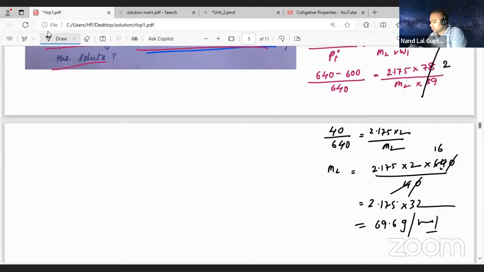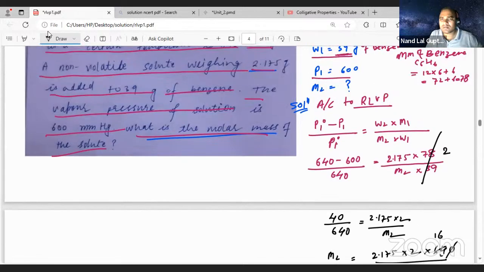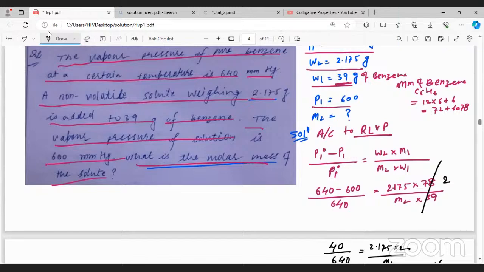I am checking in the book whether it is correct or not. Yes, 100% correct, 69.6. This is fully correct. Did you understand this one? Can we move on to the next question? Did you note this one? Yes, sir, fully, the question and answer both.